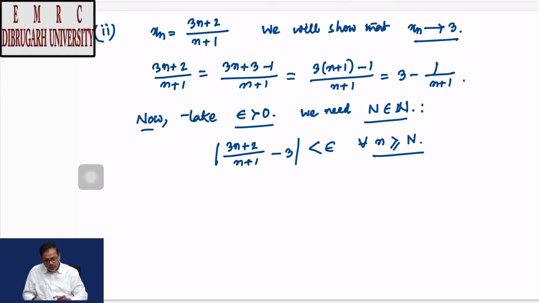Now for that we need a condition for 1/n to be less than epsilon.